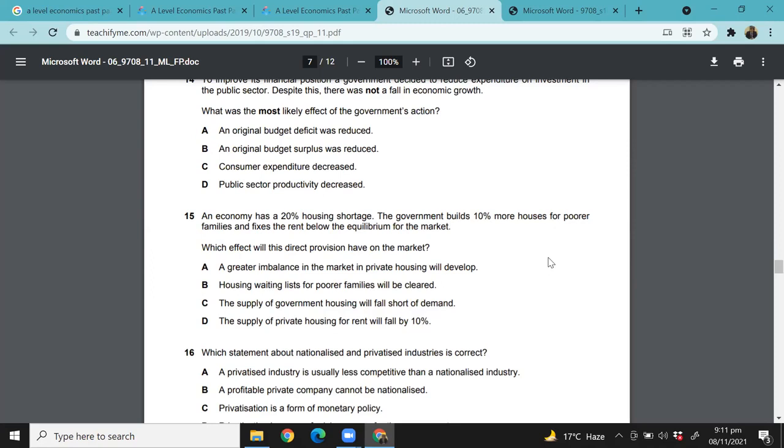The supply of private housing for rent will fall by 10% and fixes the rent. I think it should be C. Is it C?